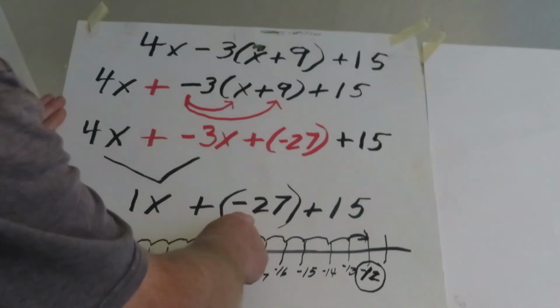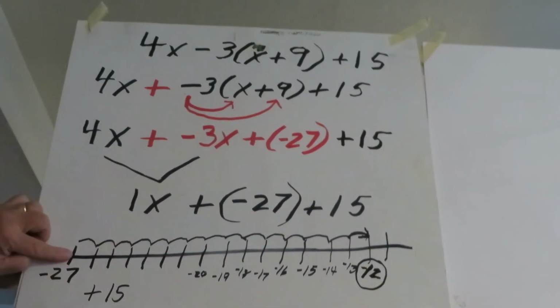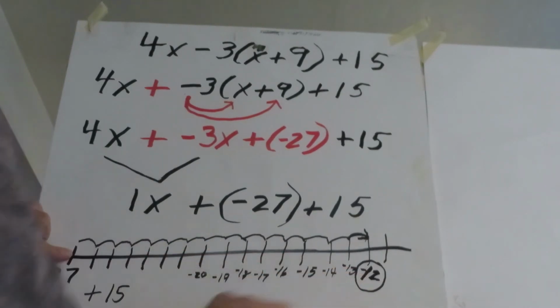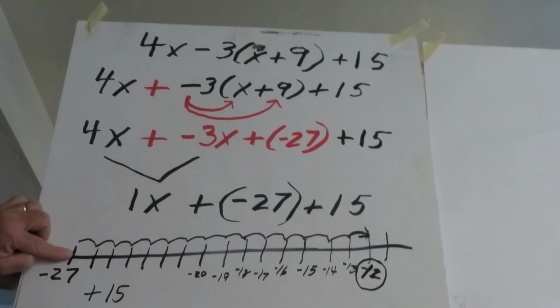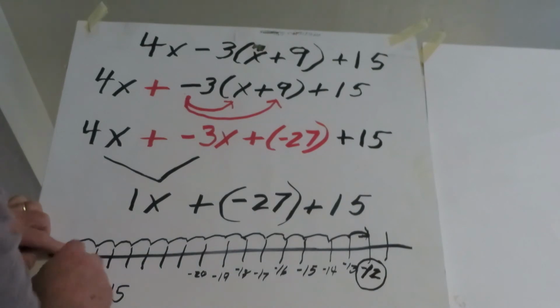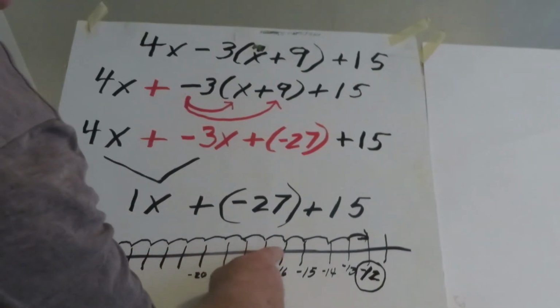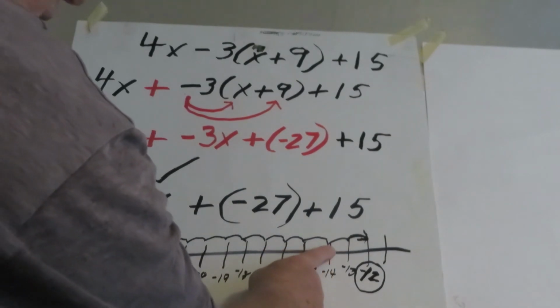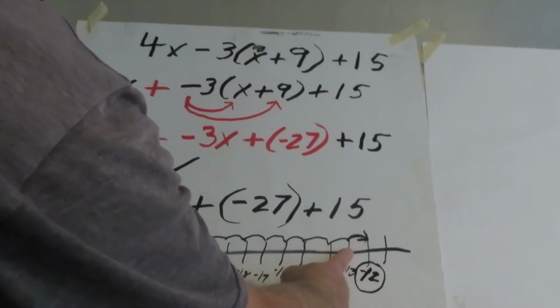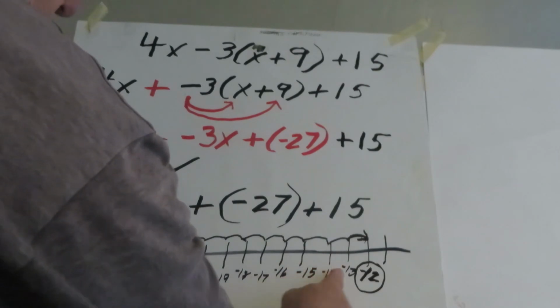So I started out at negative 27 and I added 15, so I went to the right 15, and I think I did it correctly. 1, 2, 3, 4, 5, 6, 7, 8, 9, 10, 11, 12, 13, 14, 15. I may have done it wrong.